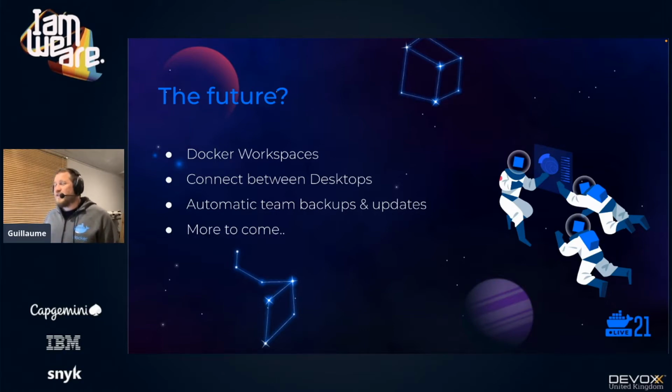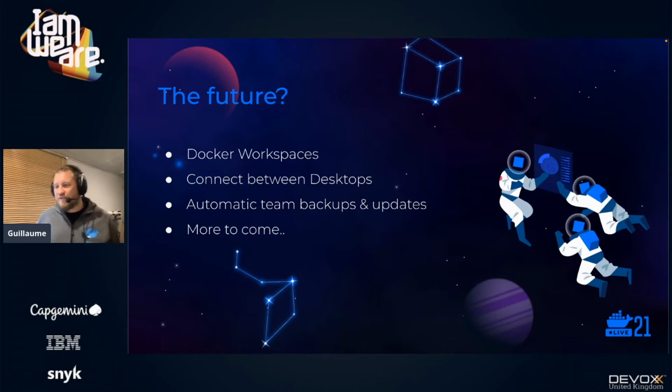What I mean is, for example, if we take the same sample, the React Java application, and you have in your team someone specialized in coding a Java API and someone really focused on the front end side, maybe they can work on the same feature and connect their Docker Desktops together to test the backend version of the backend developer with the new UI of the front end developer. And we have some interesting progress on that at the moment, so that's good.